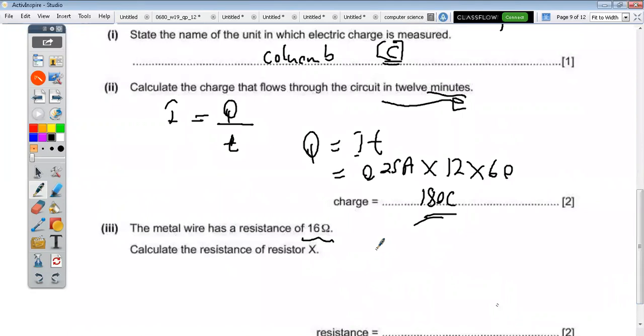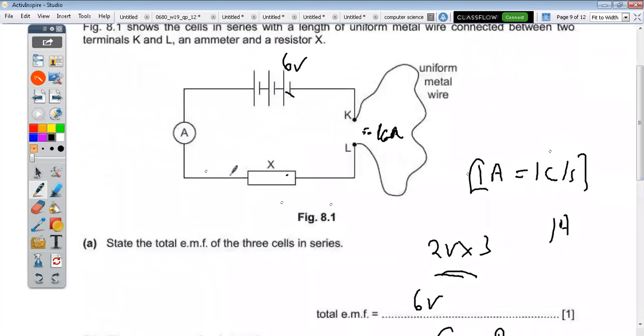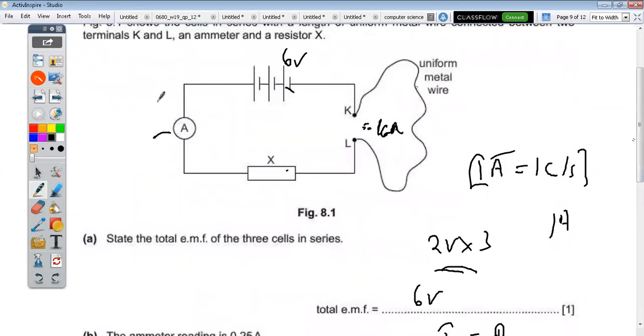I'll say total resistance is equal to 16 ohms, the resistance of the wire, plus resistance of X. How to get that is my total resistance. But I'm told my current reading here. What is my current reading? They say it is 0.25. Which means if it's 0.25, what's the total resistance that I'm getting? Resistance is equal to voltage over current.